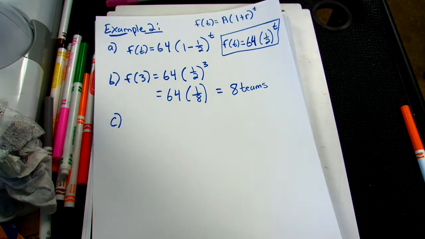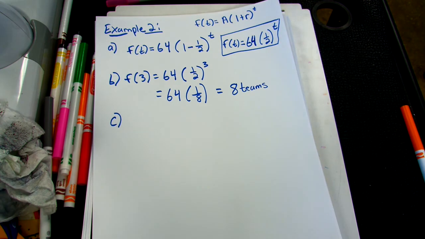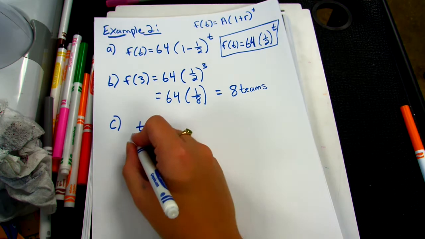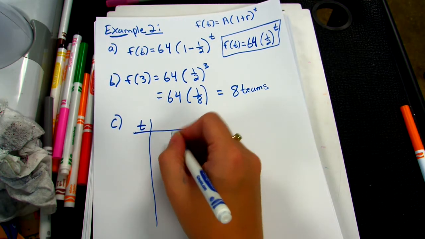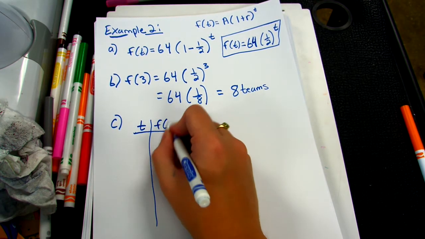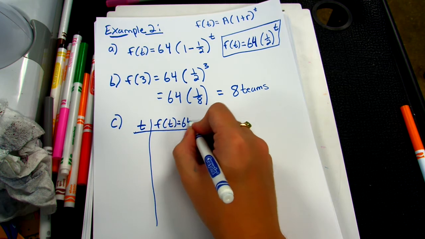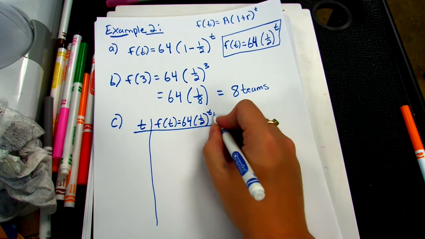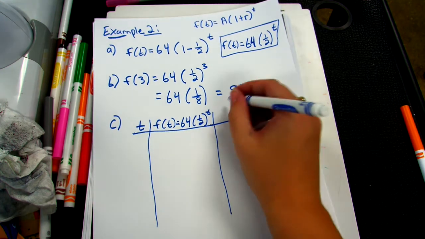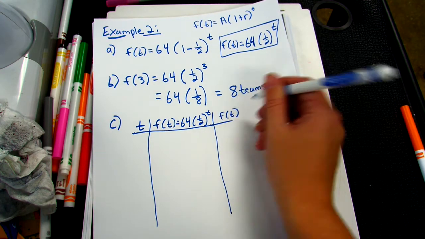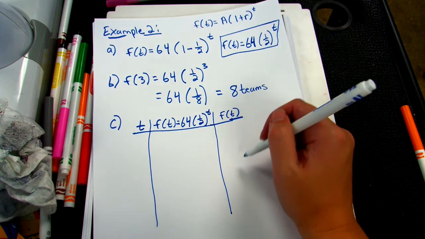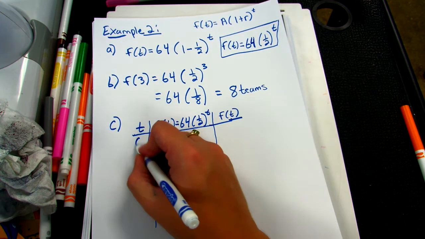So we're going to have t, and we're going to plug t into our f of t equals 64 times 1/2 to the t. We're going to plug that in, and then that's going to give us our f of t. So again, we're trying to figure out the f of t when there's only one team left. So let's start with 0.